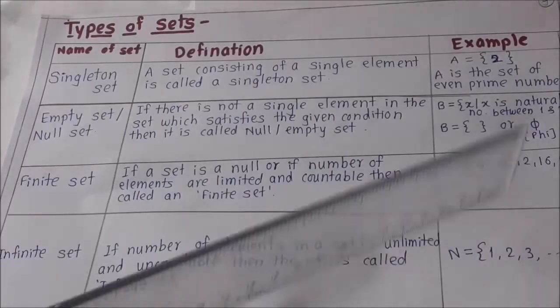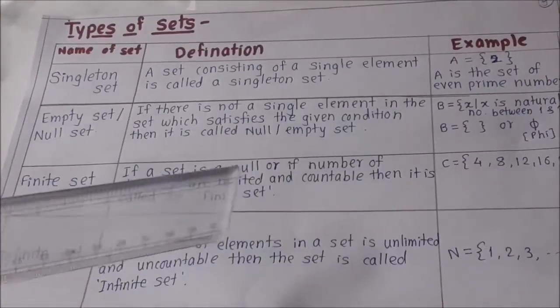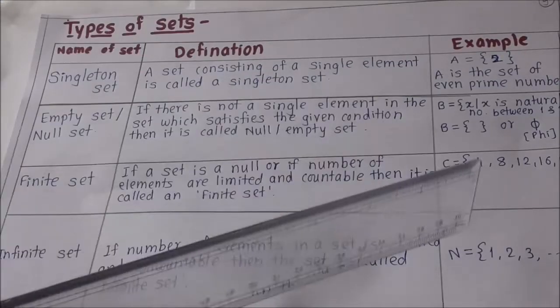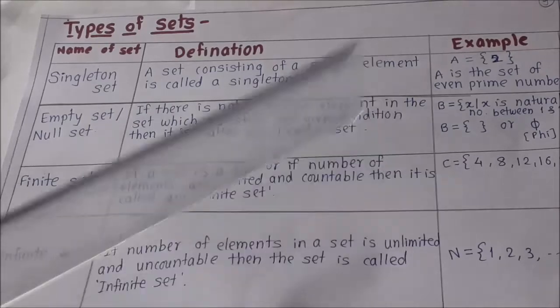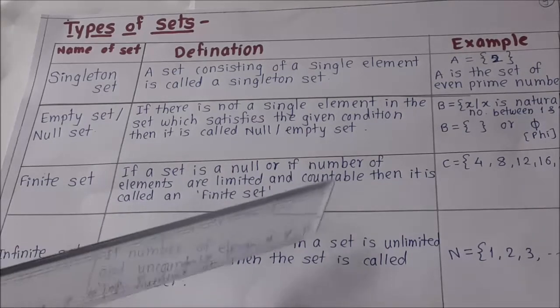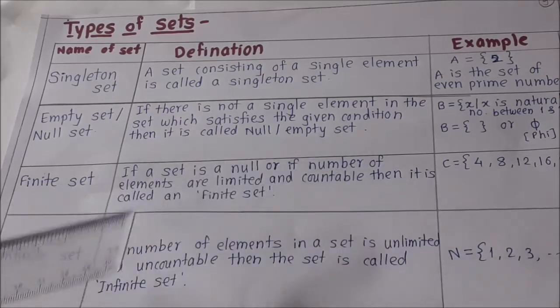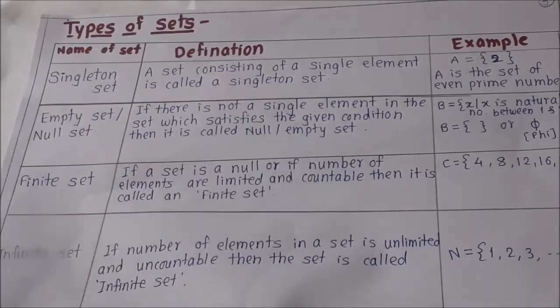So 1, 2, 3, 4, 5, 6, and so on. Uncountable numbers are there. Hence the set of natural numbers, set of whole numbers, and set of integers are examples of infinite sets. Once again, definition: if the number of elements in a set is unlimited and uncountable, then the set is called an infinite set.